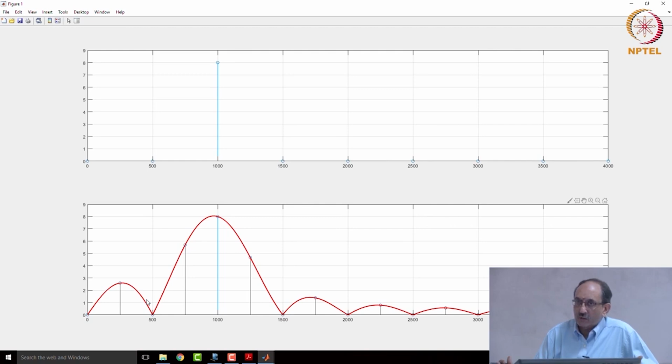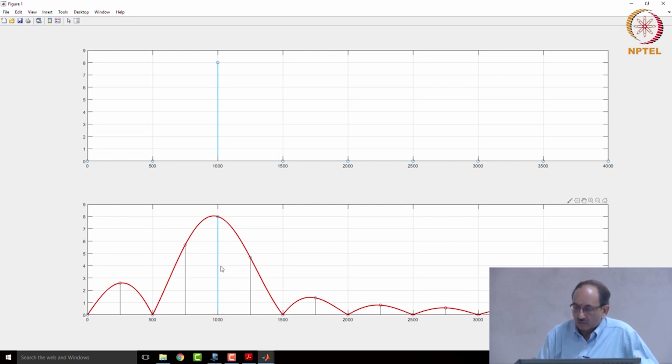When you convolve with these two impulses, each of these impulses will shift the window transform to the locations that they are located at. The impulses are located at plus 1 kilohertz and minus 1 kilohertz, and hence you will get the transform like this.